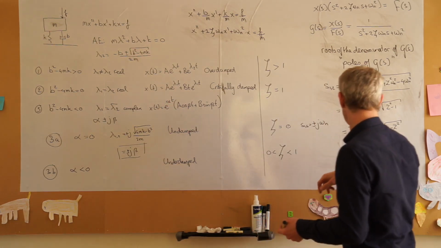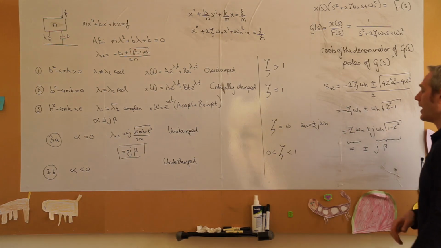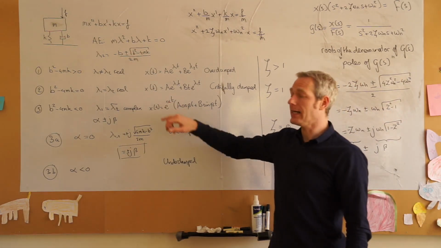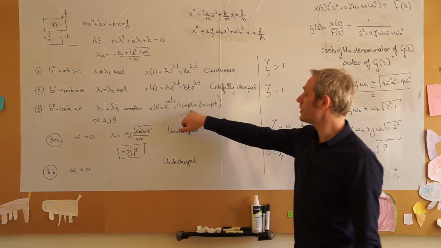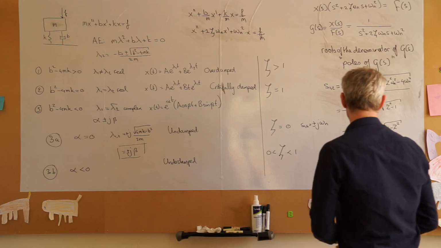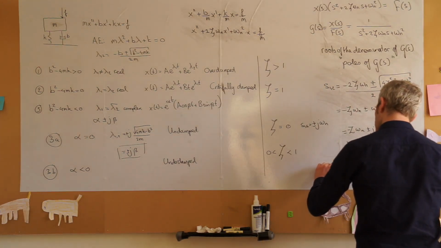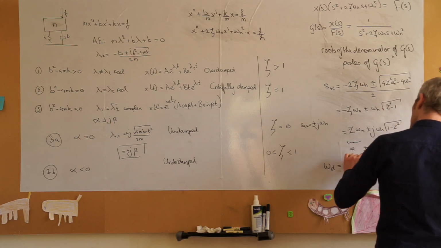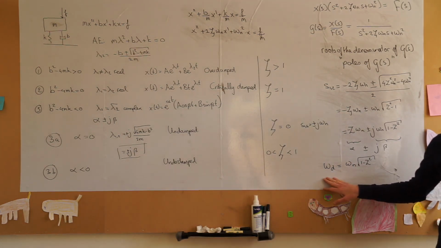This alpha is equal to minus zeta omega n, and both are positive numbers. So alpha will be negative, so we do get this damping out of our oscillations, but the frequency is equal to beta. The frequency here, if we have damping, is equal to omega n times the square root of 1 minus zeta squared. And this is called the damped frequency.